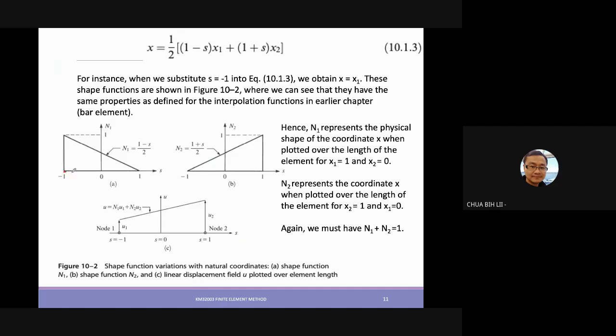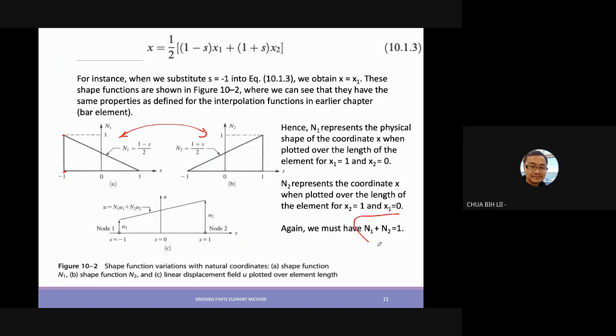For N1, the contribution at node number 1, where s equals -1, would be equal to 1, whereas slowly the weightage of the contribution of the displacement due to node number 1 linearly decreases, while on the other side it linearly increases. So when you total these two shape functions together, the summation should be equal to 1.